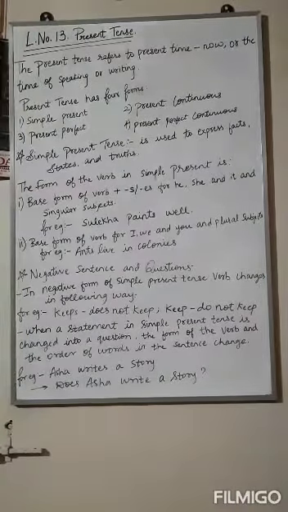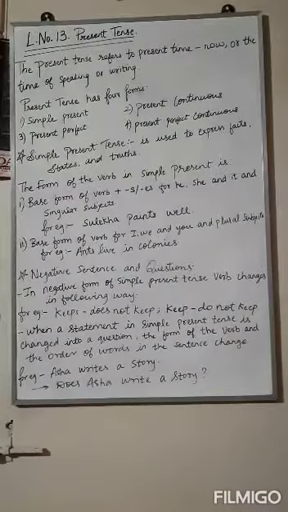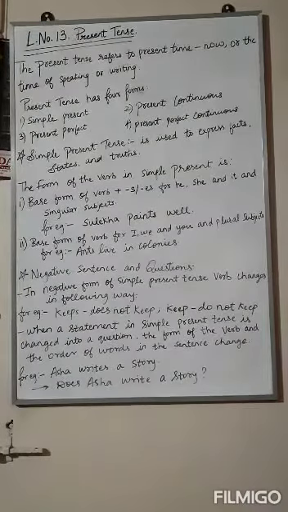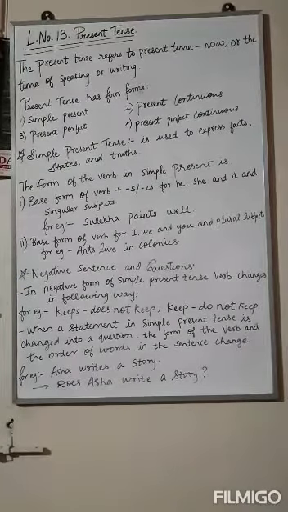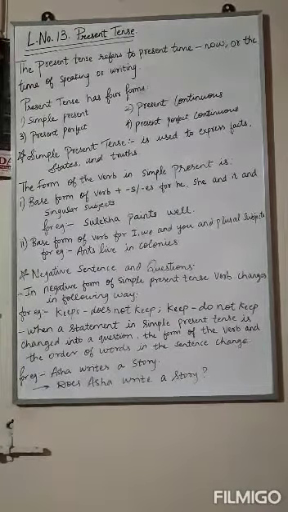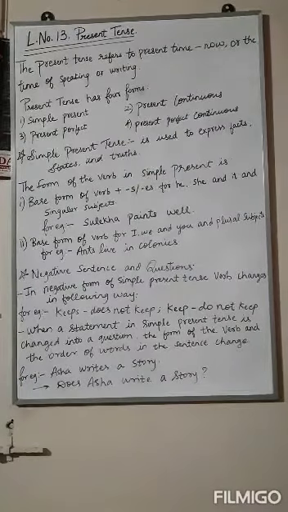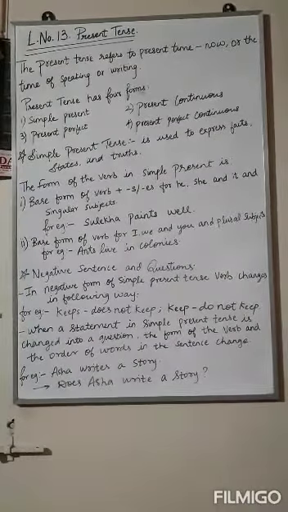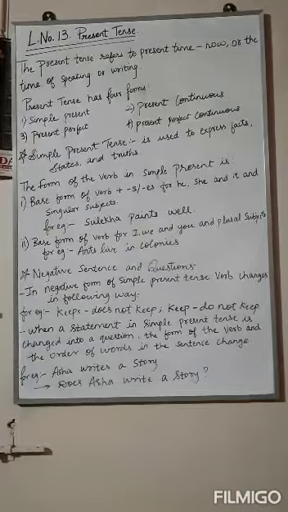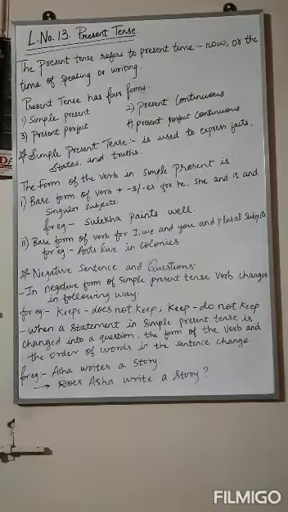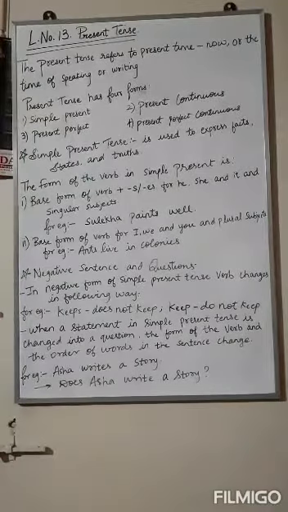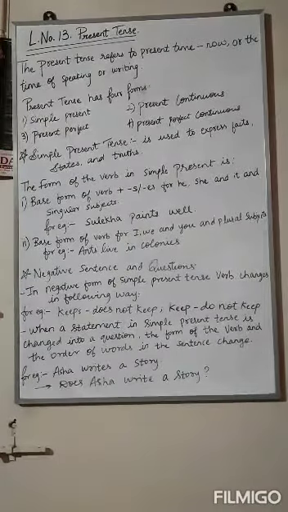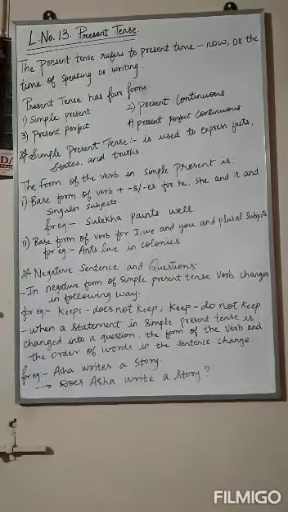Next, if it is in simple present tense, how will you make the sentence negative and in question form? In the negative form of the simple present tense, verbs change in the following way. Like keeps, for example. How will you write? Does not keep. Or keep, you can write it as do not keep.